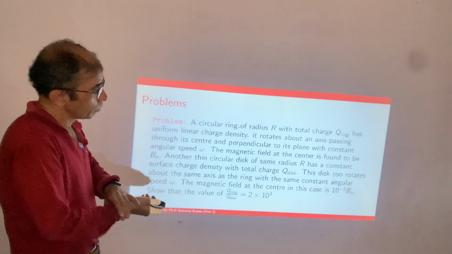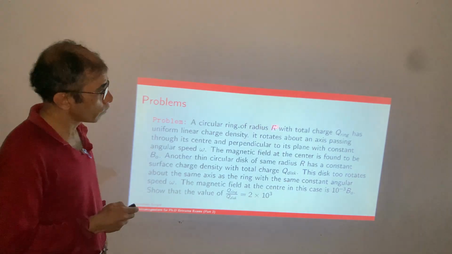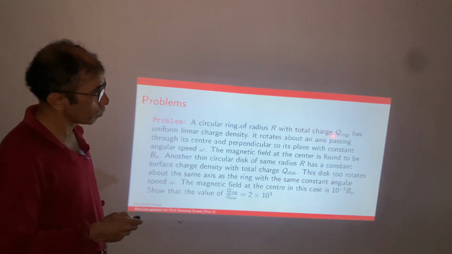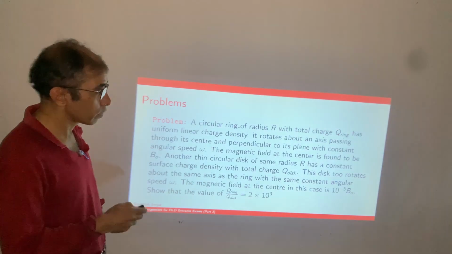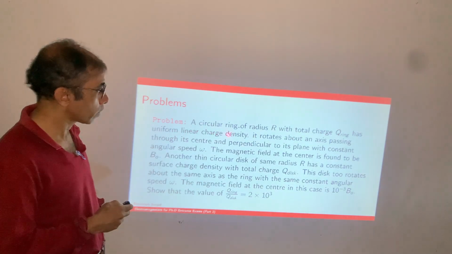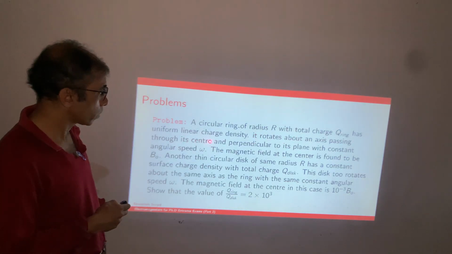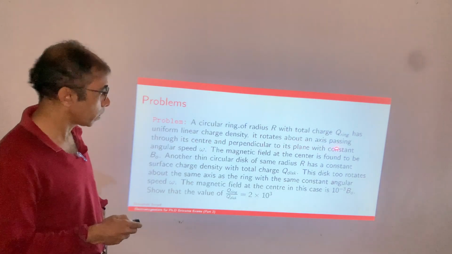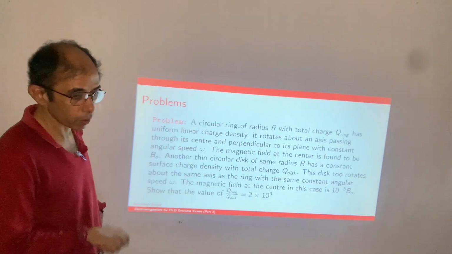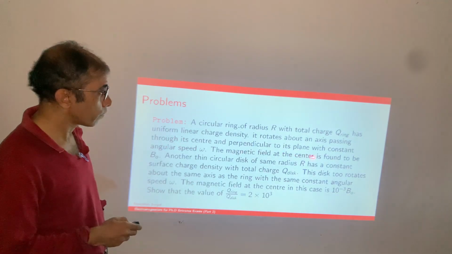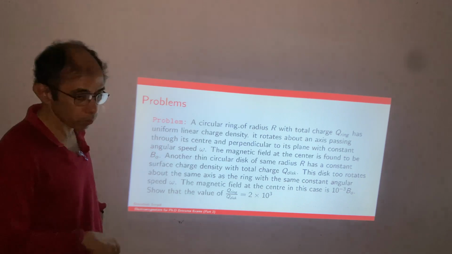This is another problem. A circular ring of radius r with total charge Q ring. The ring has a uniform linear charge density. It rotates about an axis passing through its center and perpendicular to its plane with constant angular speed omega. The magnetic field at the center is found to be B0.